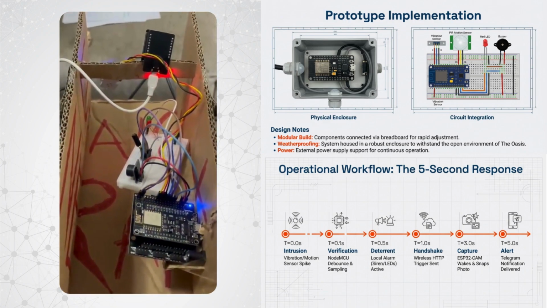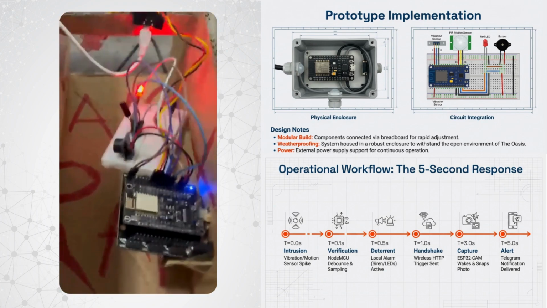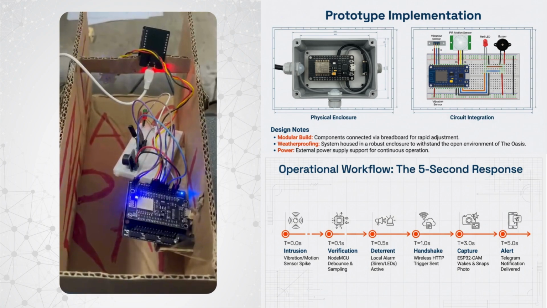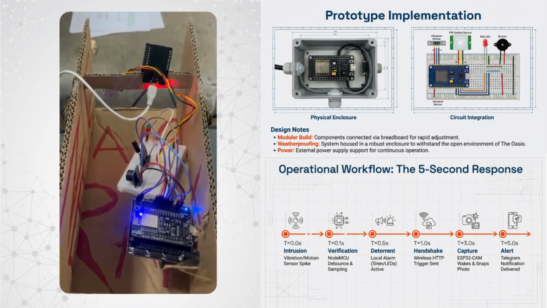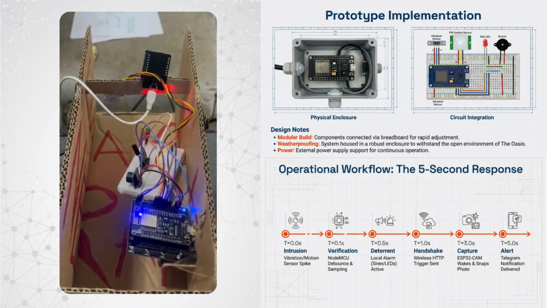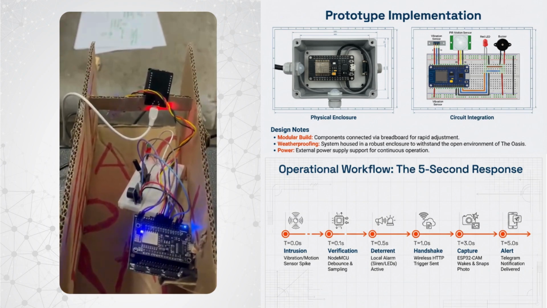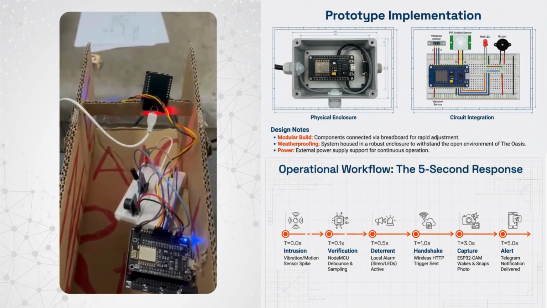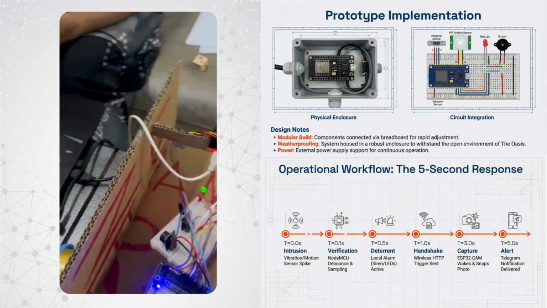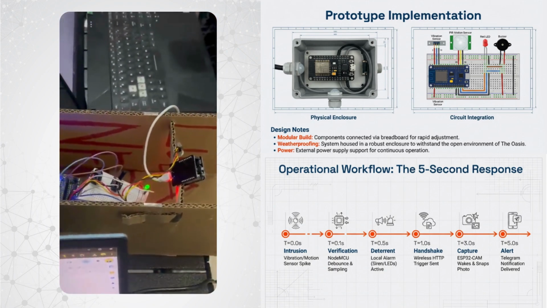So that's the first one, which is the vibration sensor. When it detects any vibration, it will trigger, and it will send a photo to the Telegram. The second sensor is the motion sensor.